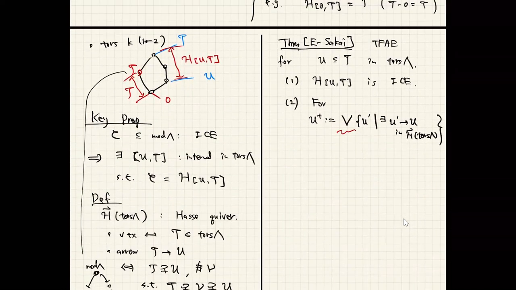So we take the join of all torsion classes such that there is an arrow ending at U, and we define U^+ in this way. And for this U^+, we have that T is contained in this U^+.